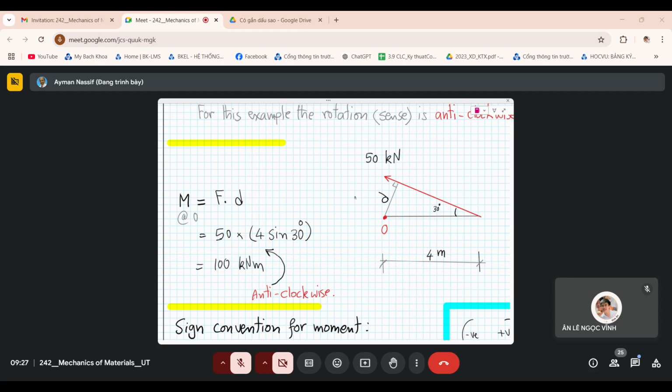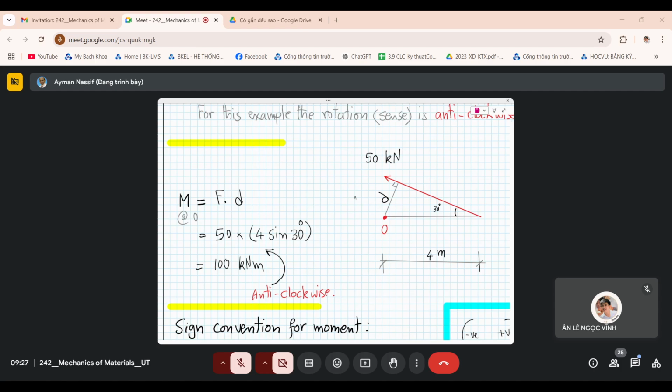D is not clear. It is 4 sine 30 degrees, which is half of 4, of course. And you have 100 kilonewton meters in the counterclockwise direction.